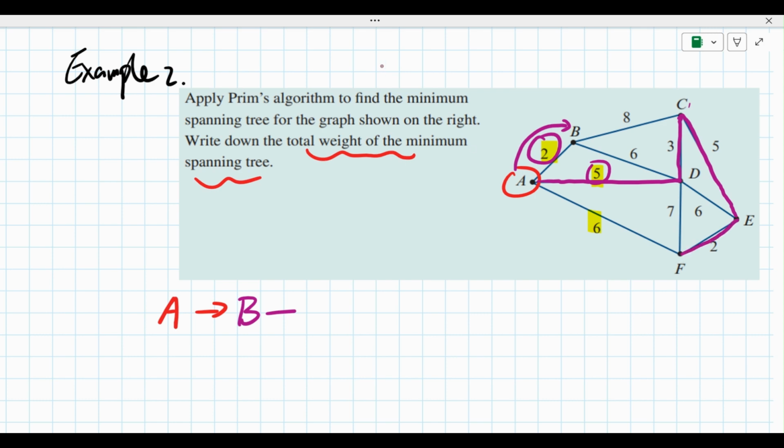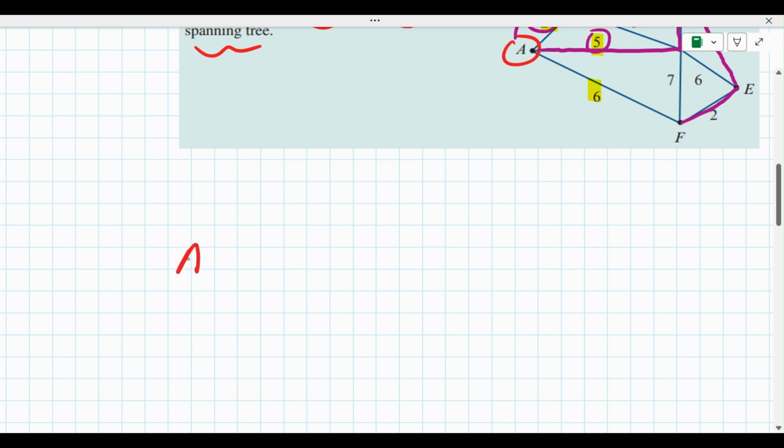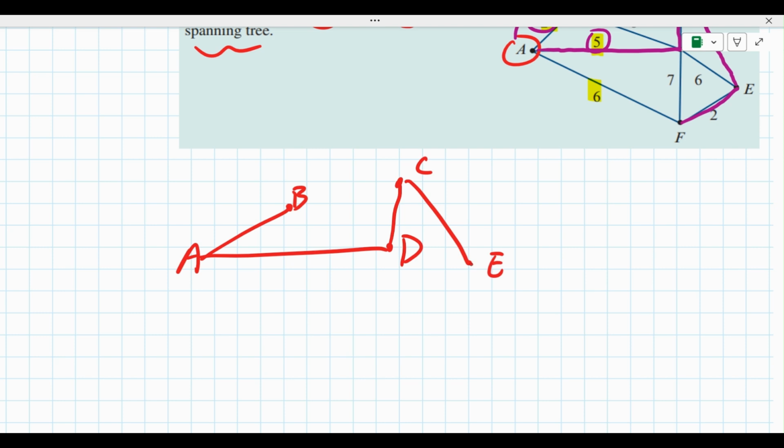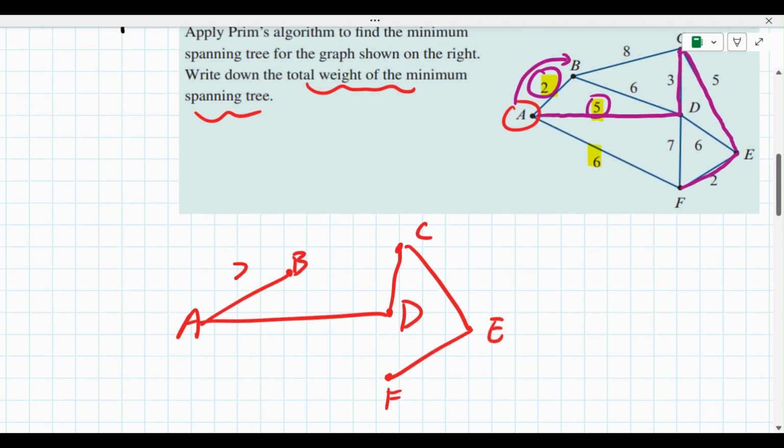So the graph looks like A, B, D, C, E, and F. So that will be 2, 5, 3, 5, and 2.